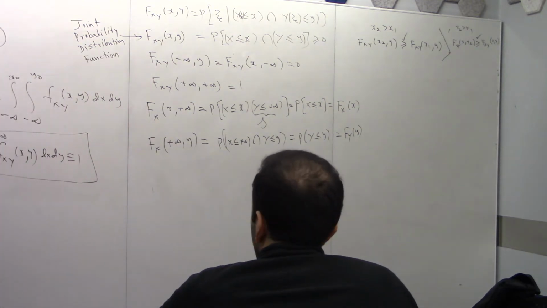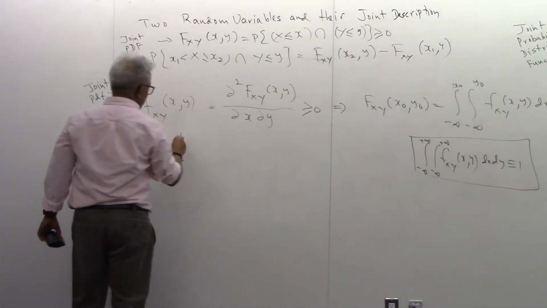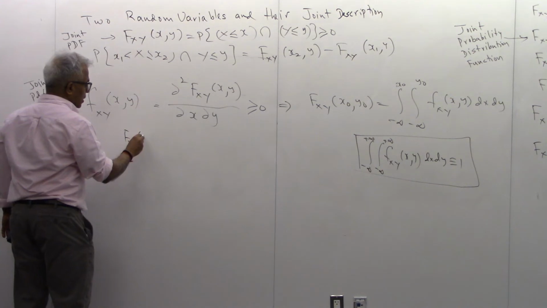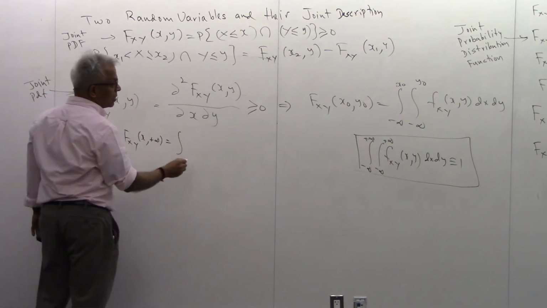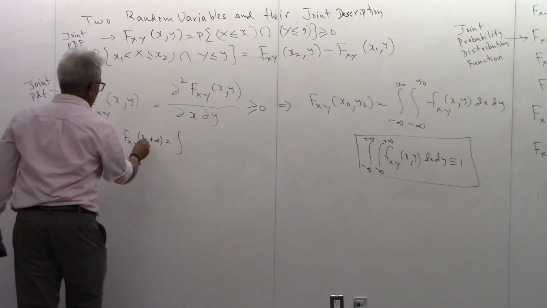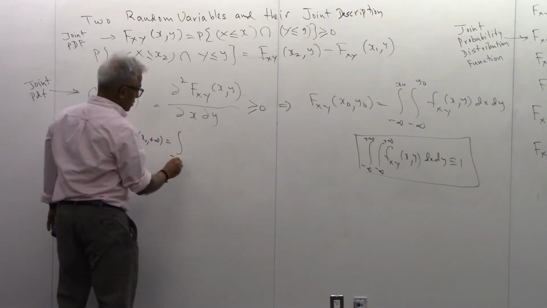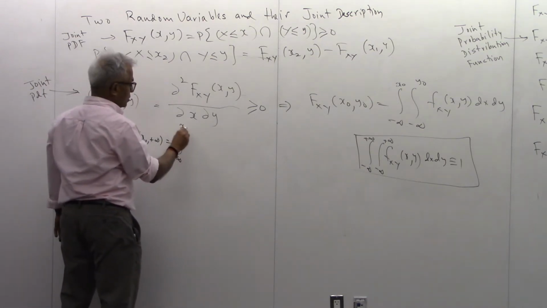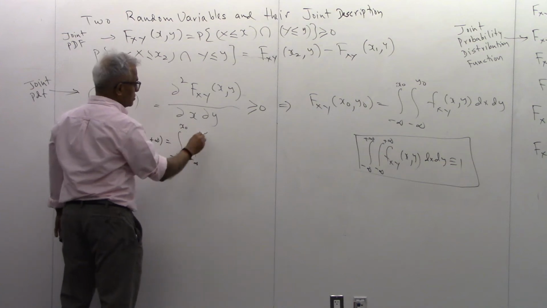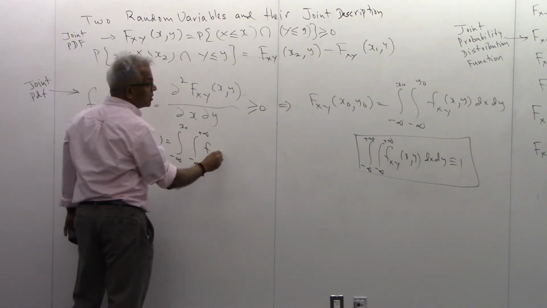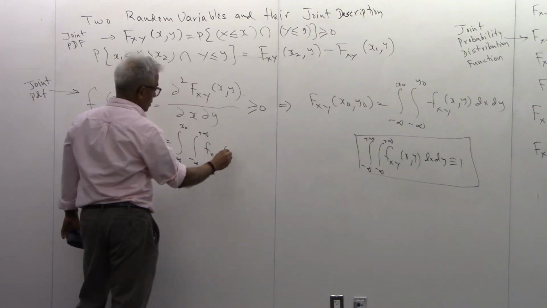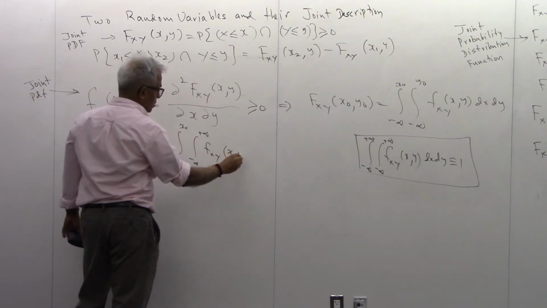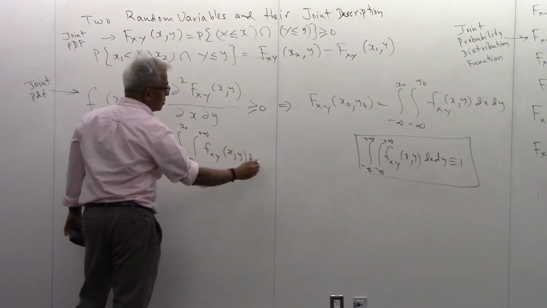So F_XY(x, plus infinity) is the integral from minus infinity to x naught, minus infinity to plus infinity of f_XY(x, y) dx dy.